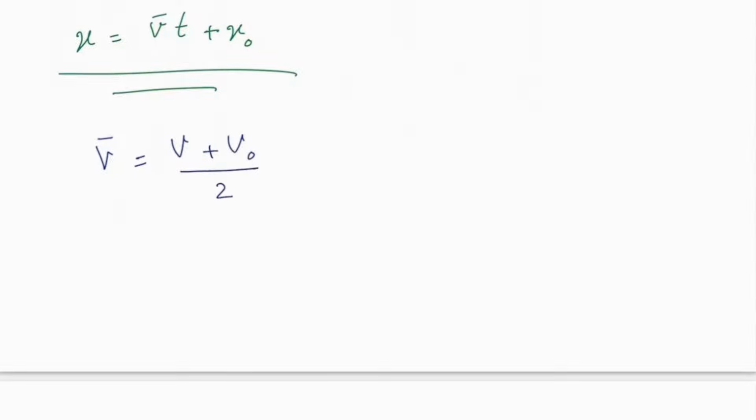Let's look at an example of how this new equation can be useful. Let's say we run from point A to point B with an average velocity of 6 meters per second in 100 seconds.